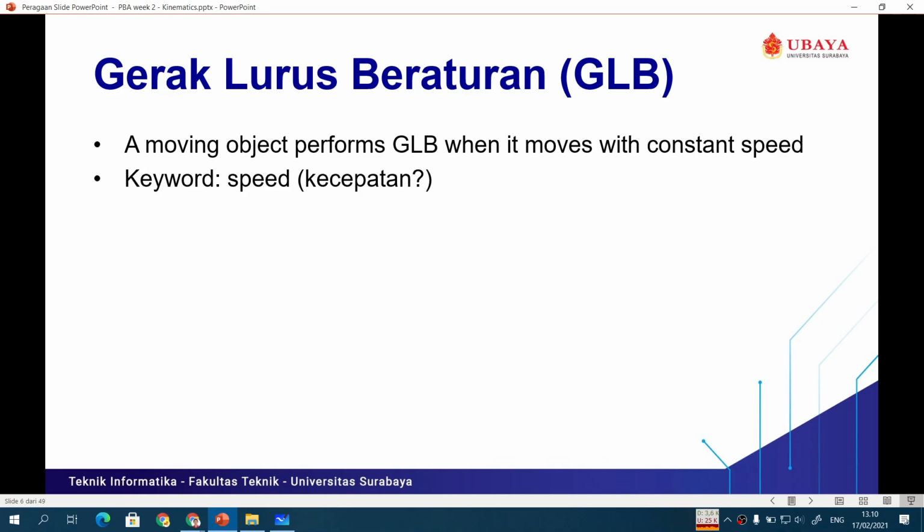Simply, a moving object performs GLB when it moves with a constant speed. So the keyword here is speed. If we translate it into bahasa Indonesia, does it mean solely kecepatan?